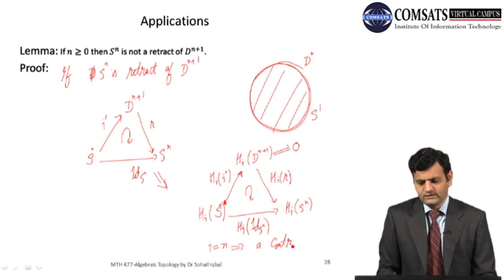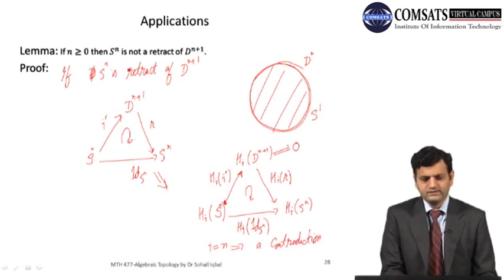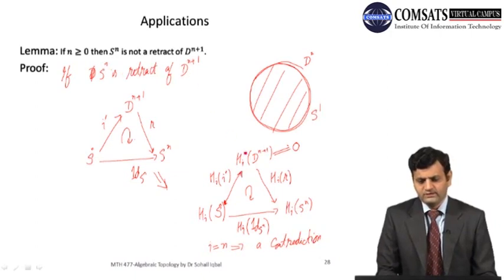So if it is true that Sn is a retract of Dn plus 1, then we have this diagram, and this is always 0, and for I equal to n we will have this Z, and this is the identity map, because the functor Hi takes identity to the identity.